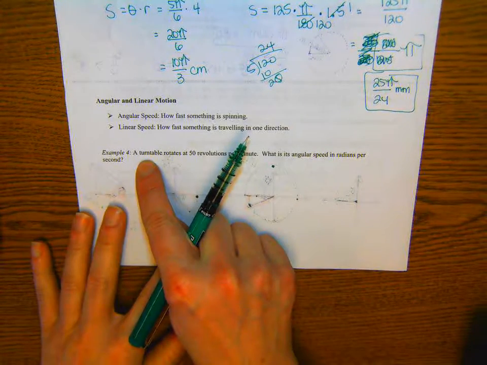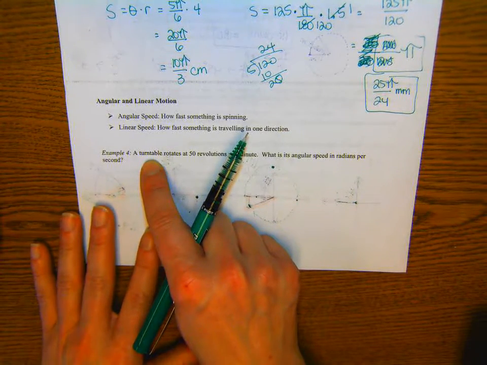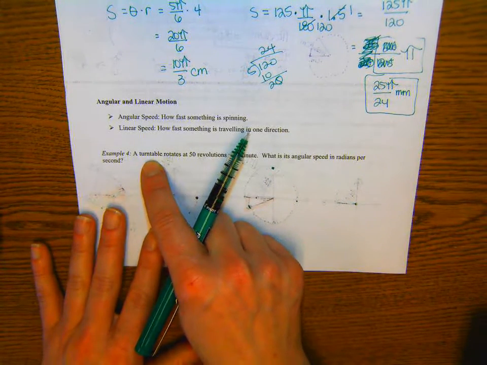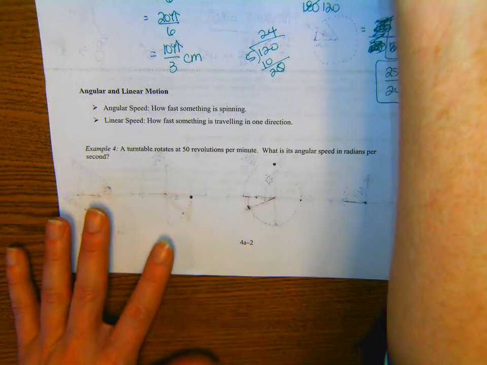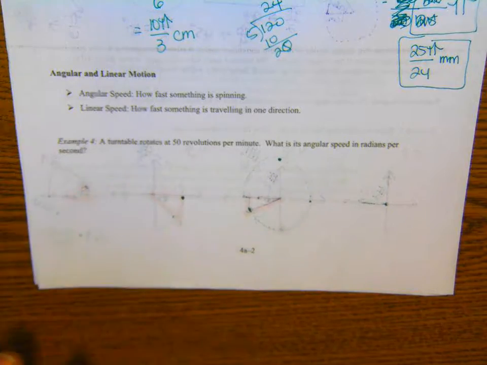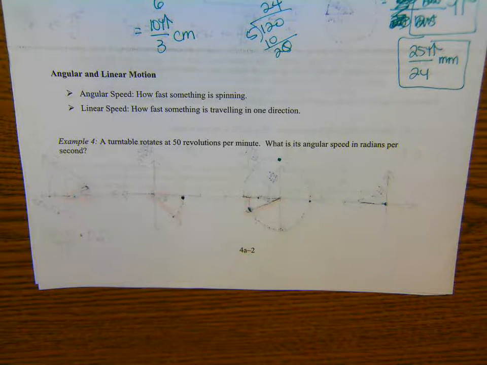I'm going to change up example 4 a little bit, okay? First of all, half the people in first hour didn't even know what a turntable was. Do you guys know what a turntable is? What does it do, Hatcher? Records! Spins records around. I used to listen to records when I was little, with the little book and the beep and then you turn the page.